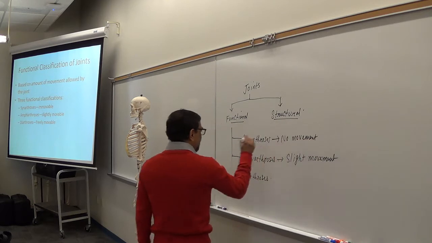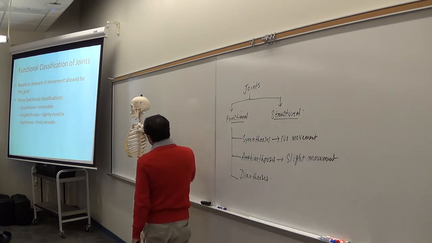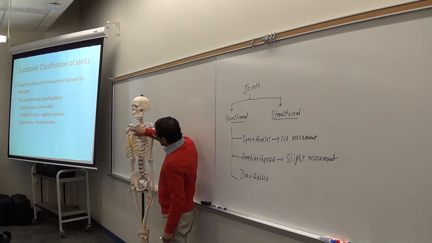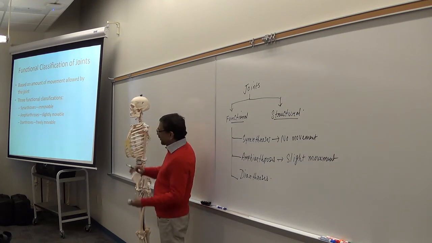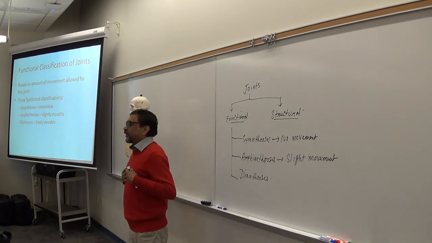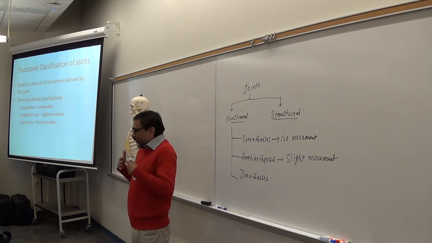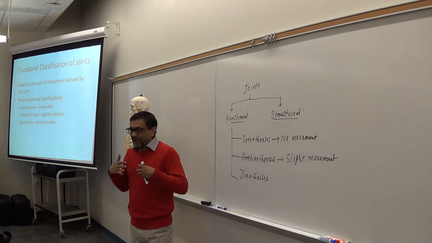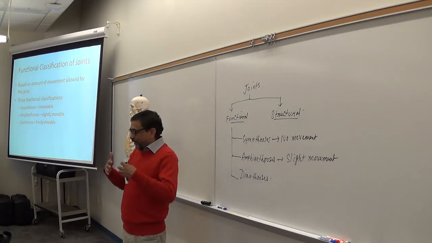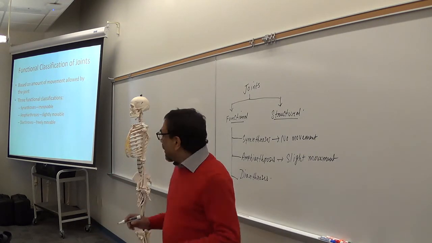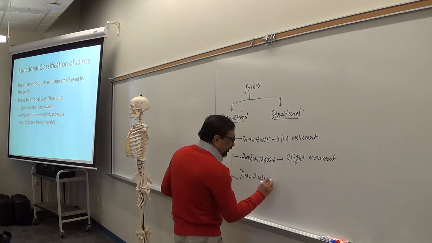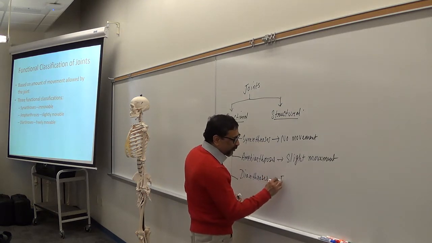Example, the joints between the ribs and the sternum. When you breathe, slight movement of the ribs occurs, right? The ribs move slightly, not too much. A little bit of expansion, then contraction. So, slight movement.